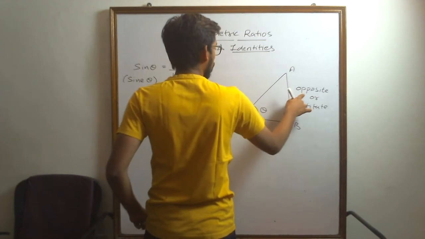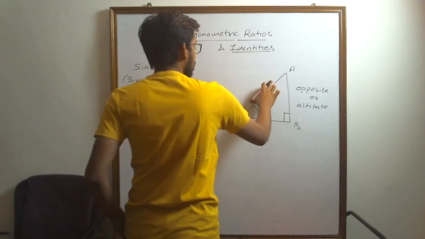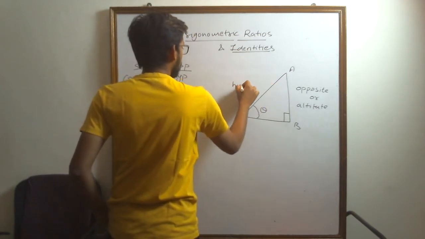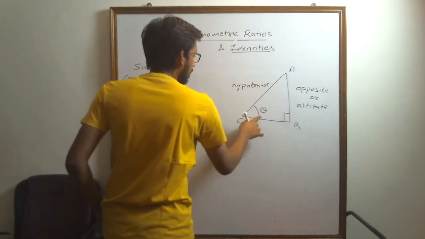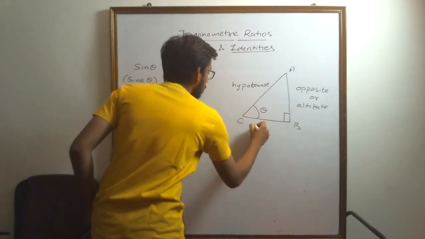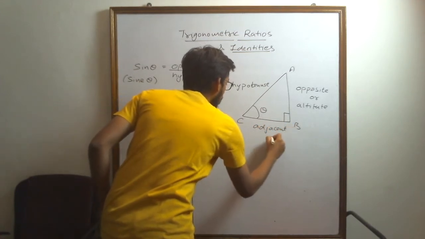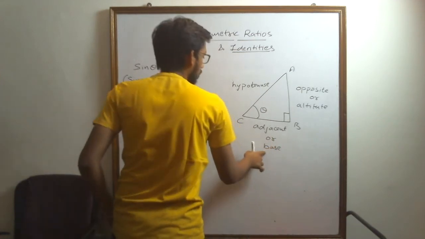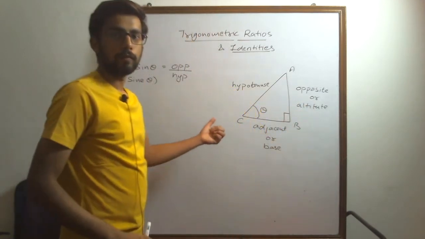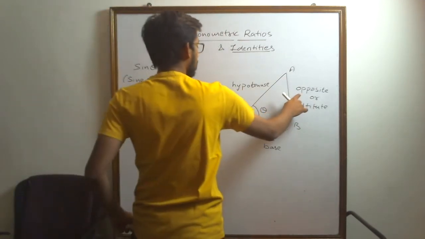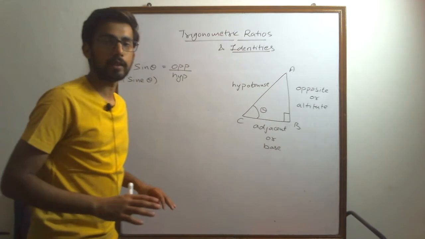The side adjacent to this angle, which is of course the largest side in the triangle, is known as the hypotenuse, and the side adjacent to this angle other than the hypotenuse is known as the adjacent or the base. So base and adjacent are the same thing, opposite and altitude are the same thing. For our videos we will be using opposite and adjacent only. We will not be using altitude and base, just to avoid any confusion further.